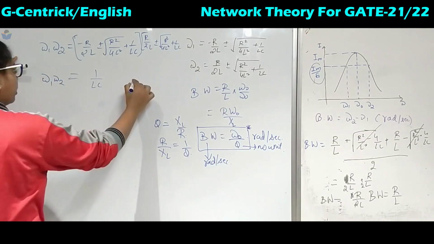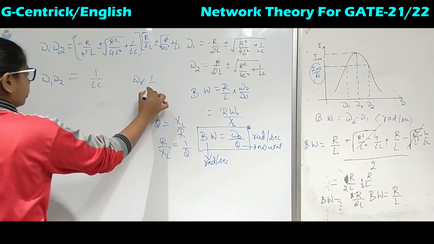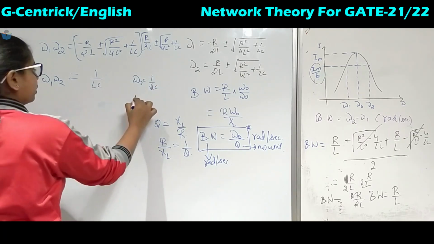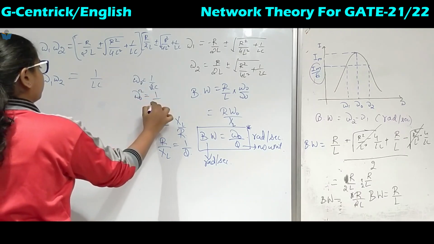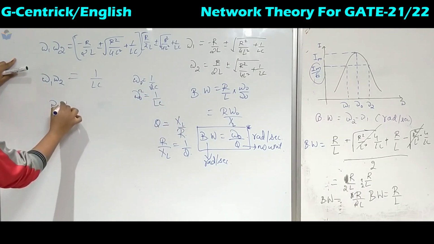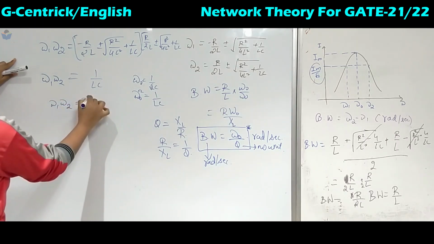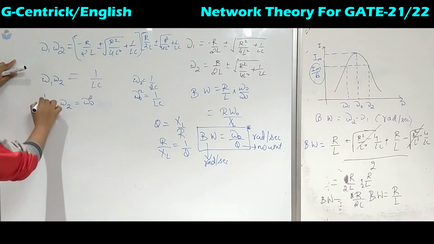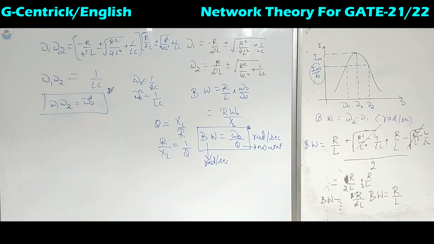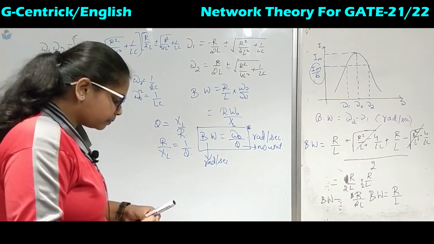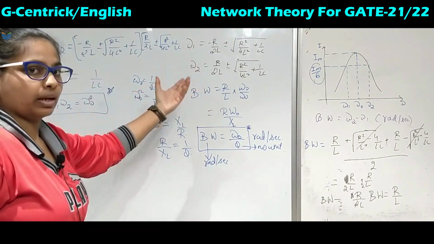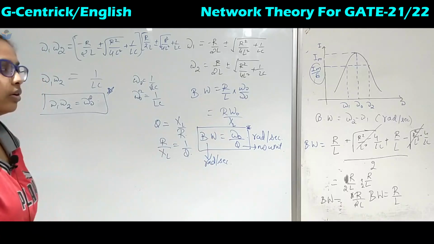But we know that omega naught is 1 over root LC, and we do not have a root here. So we take the square on both sides, and this will be equal to omega naught square. This is one more equation. These are all the important formulas based on quality factor, bandwidth as well as resonant frequency.